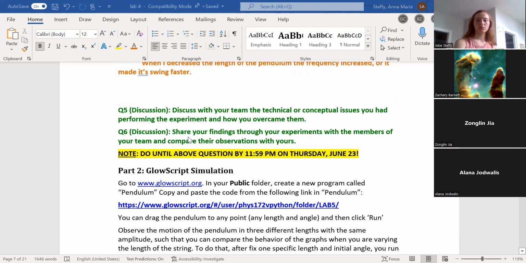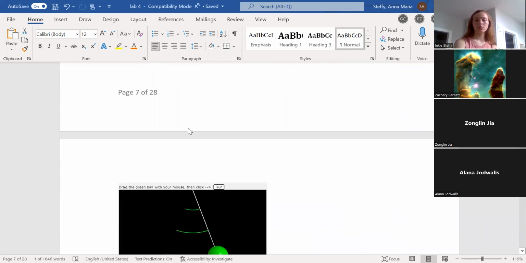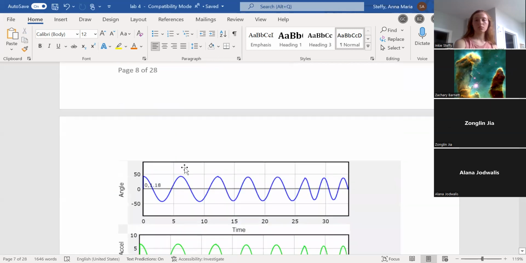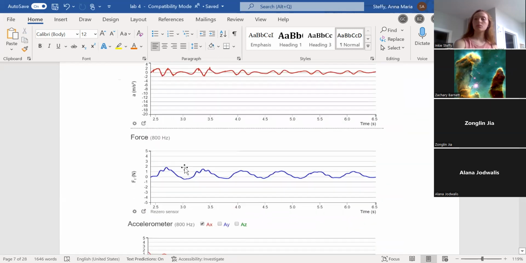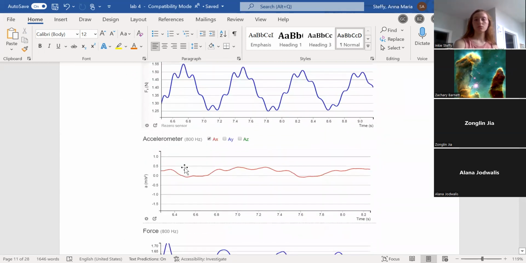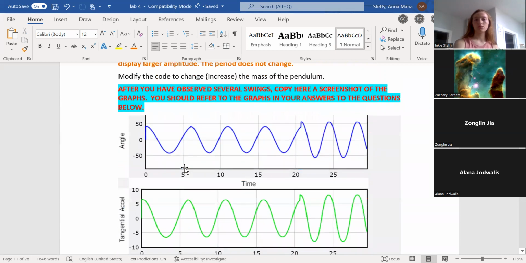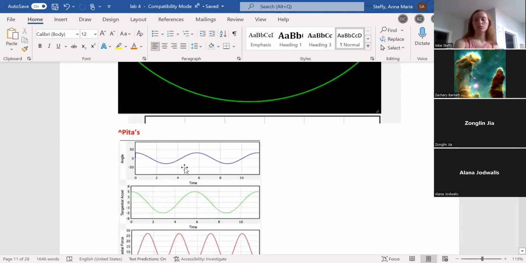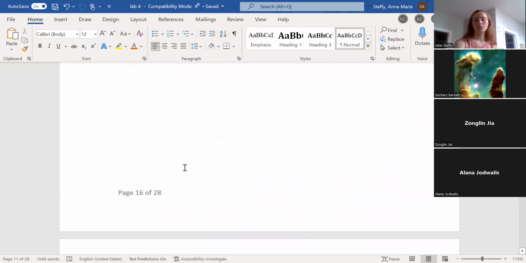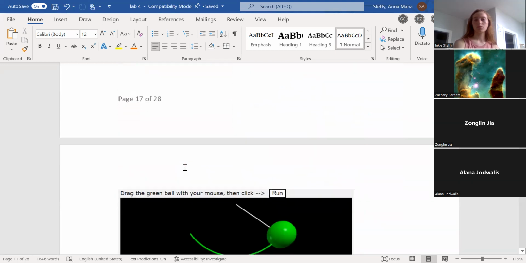Yeah, I did the experiment using two lengths, but the string lengths were relatively similar. I didn't notice the frequency difference in the data, but I know it should have a higher frequency for a shorter string length.